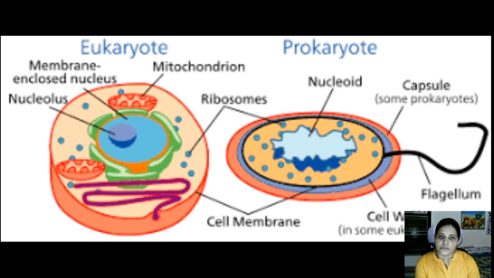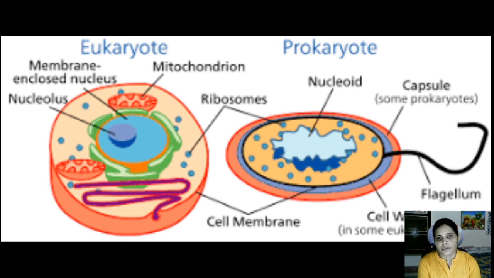In this diagram you can see the outermost layer, it is the capsule. Capsule is found in some prokaryotes, not in all prokaryotes. Second one is the cell wall, and the third layer present inside the prokaryotic cell is the cell membrane that bounds all the materials of the prokaryotic cell inside it. In the center you can see circular DNA, and this circular DNA is not membrane bound.